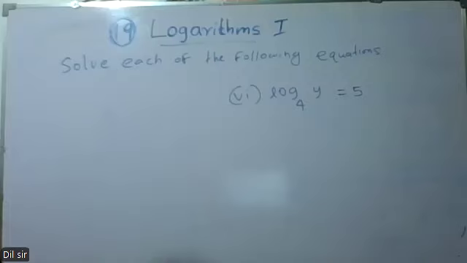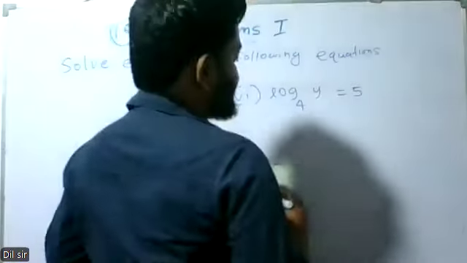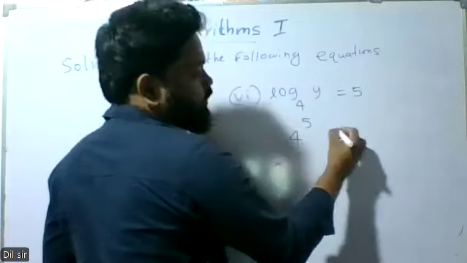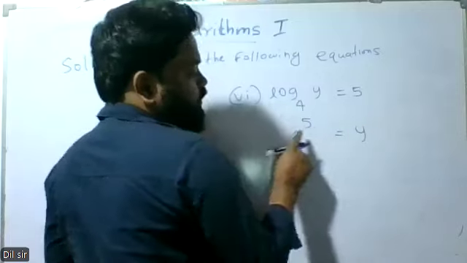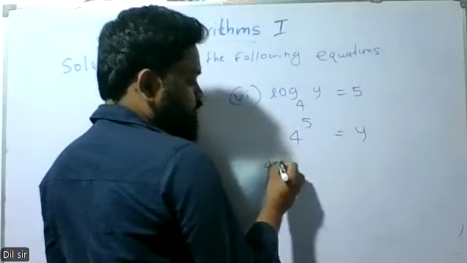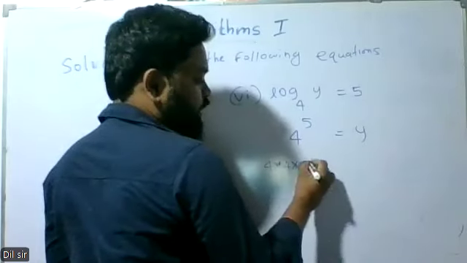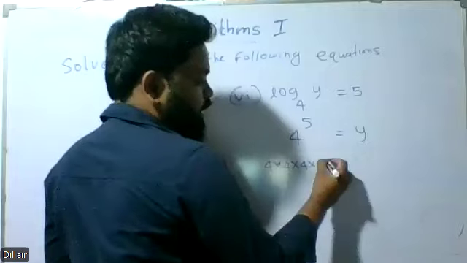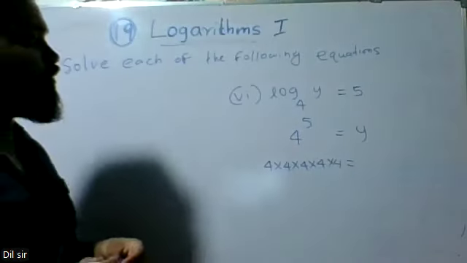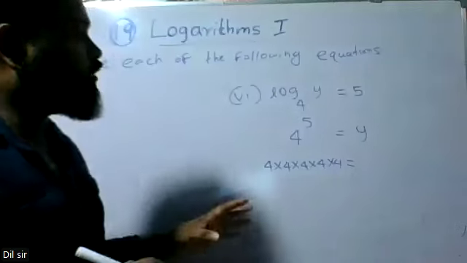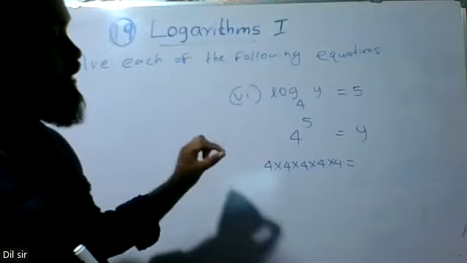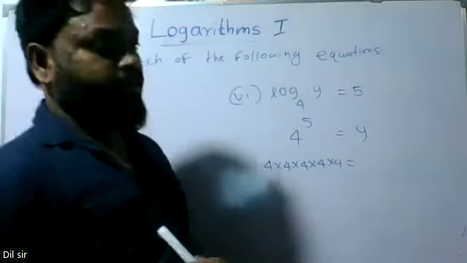Okay, let's see this. Base 4, index 5, value is y. 4 to the power 5 is y. 4 to the power 5 means 4 times 4 times 4 times 4 and 4. What is this 4 to the power 5? The result of 4 multiplied by itself 5 times.